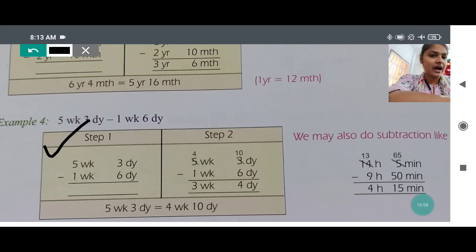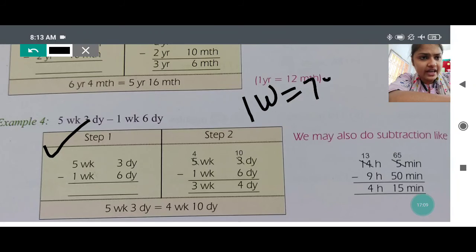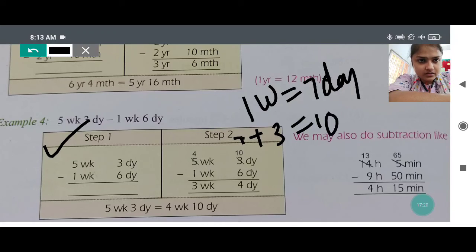In the second step I am subtracting. 3 minus 6 is not possible, so it will take a carry from the week. We know, my dear, that 1 week is equal to 7 days. If I take 1 week from this 5, then I am taking 7 days. That 7 will get added with this 3. 7 plus 3 will be 10. 10 minus 6 will be 4.